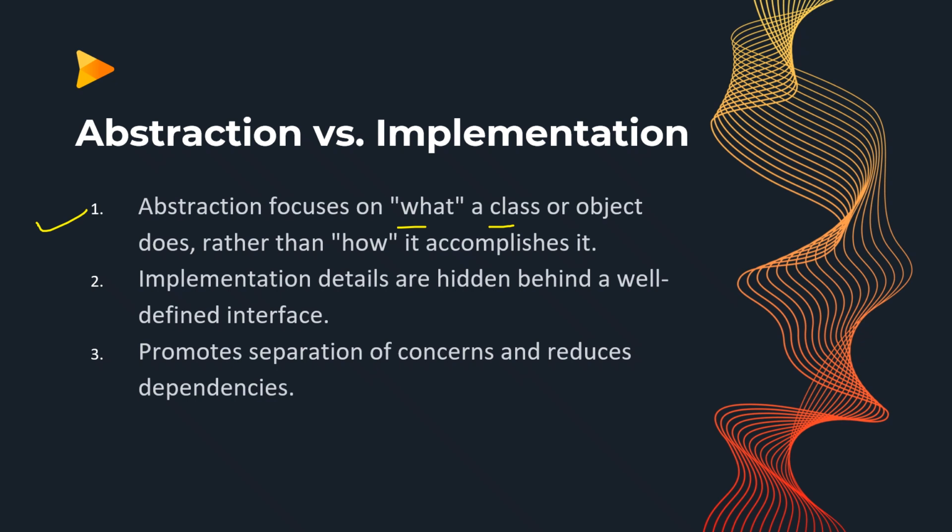You will not focus on how the car runs, how its machine or its engine works. You will just focus on how to drive a car. So this is abstraction.